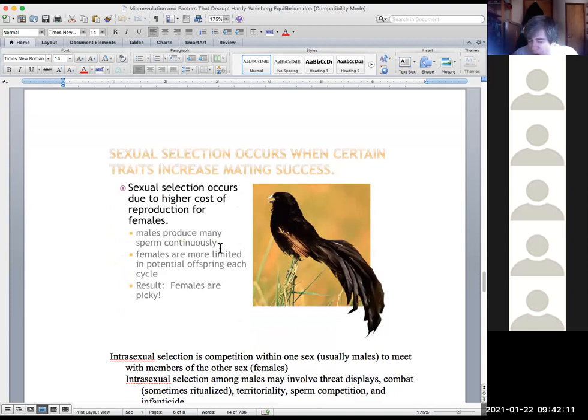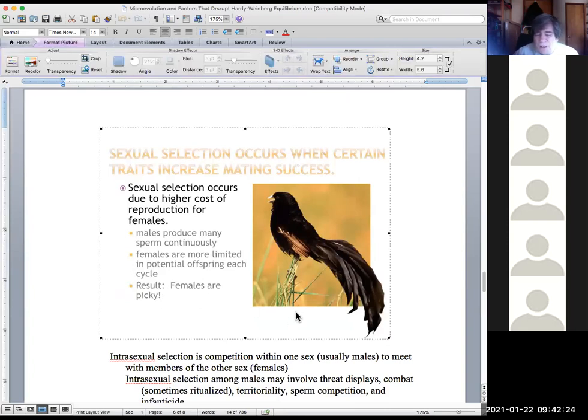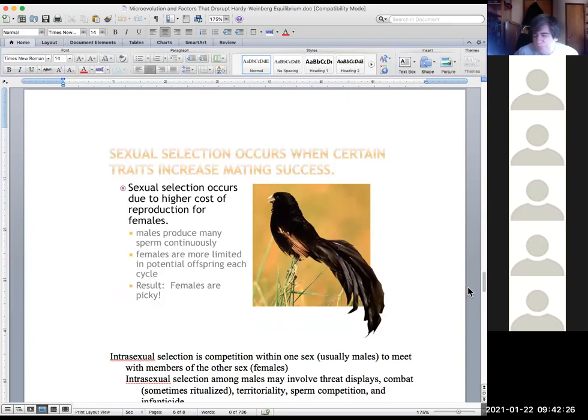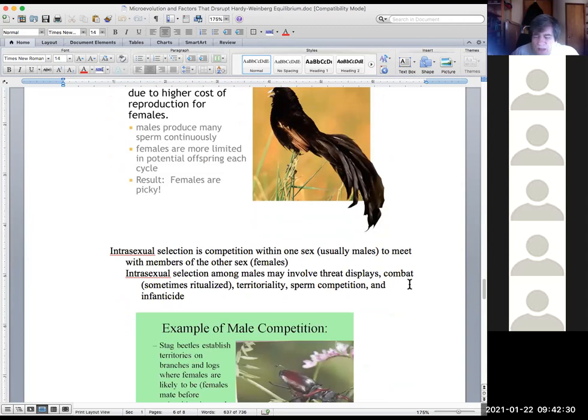So after offspring are born, the male might go visit another female, but the female is kind of stuck at home guarding the nest or the den. So because females invest more, the ultimate result is females are picky. So we basically see two types of factors that play a role in sexual selection.